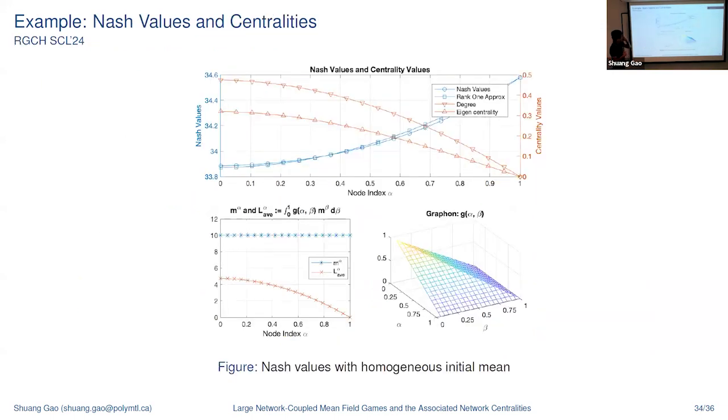Now one can look at a comparison with the standard centralities such as the degree centrality and eigencentrality, listed here. These are the figures for eigencentrality and degree centrality. The blue ones are the Nash value for the fixed point centrality for LQG graphon games.